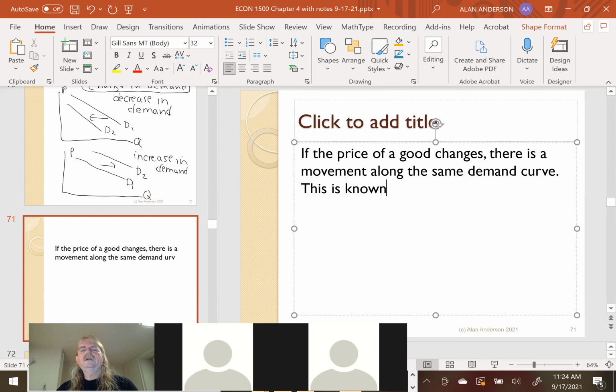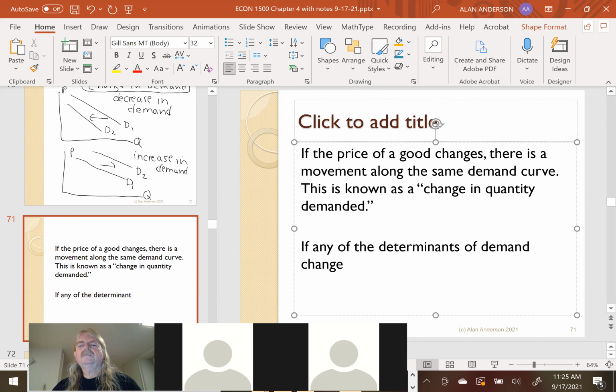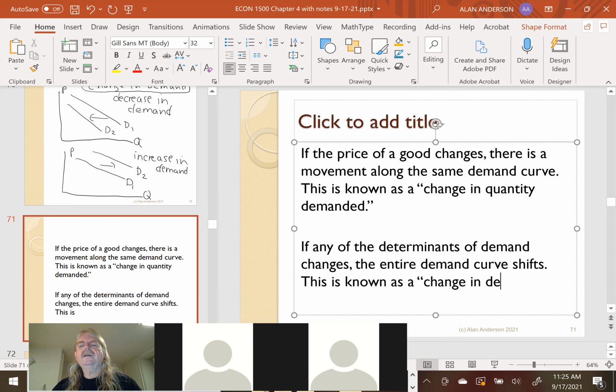This is known as a change in quantity demanded. If any other factor, really, in principle, any other factor, but if any of the determinants of demand changes, the entire demand curve shifts. This is known as a change in demand.